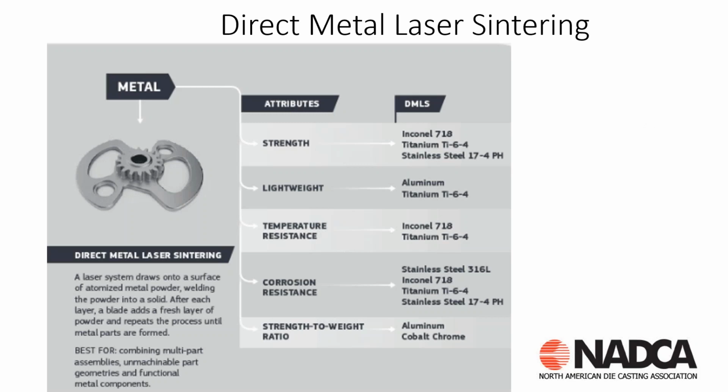Direct metal laser sintering is using a laser, and basically the laser is drawing on the surface of the atomized powder. Once again, it's very similar to powder bed fusion, but it's drawing on the surface, and then they squeegee a new layer of powder over the top, the build plate drops down, and they bring the lasers in and they do it again.